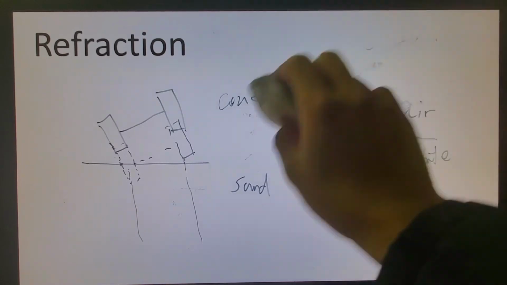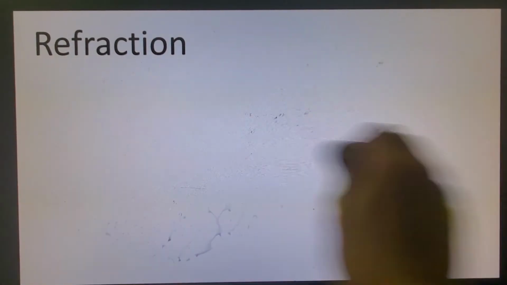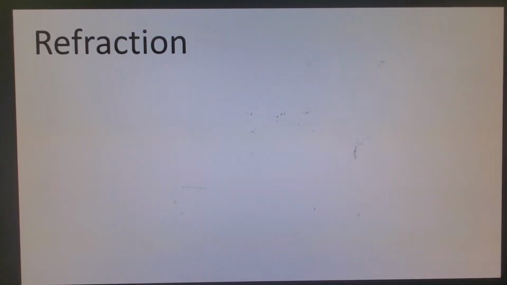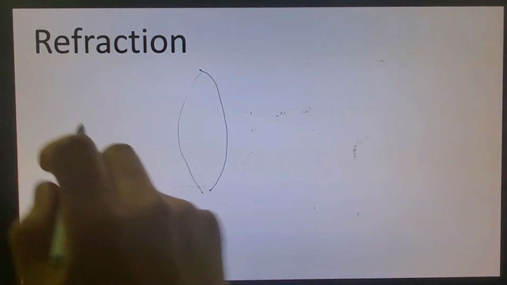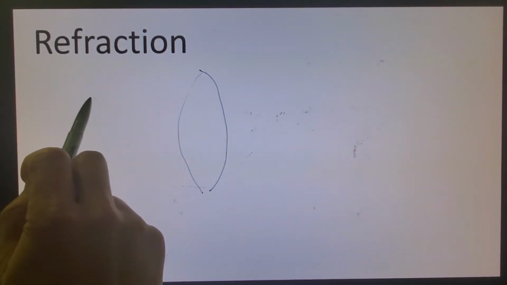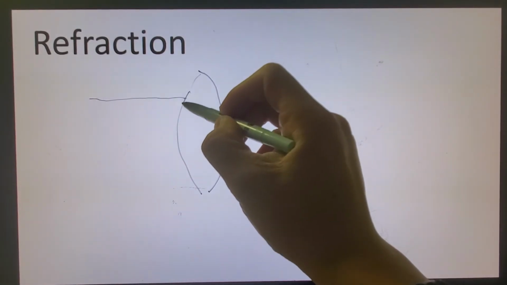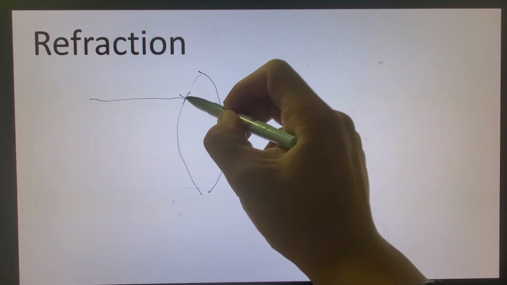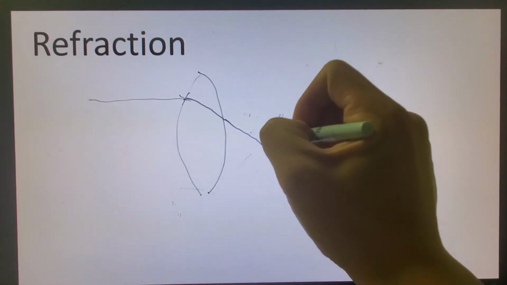The first thing is people can make a magnifying glass, or a lens, out of it. So how does that work? If you have a lens, for example, like this, and the light comes in this way, if you draw the normal at the surface, you see that it will bend in this way, and then it will bend again.